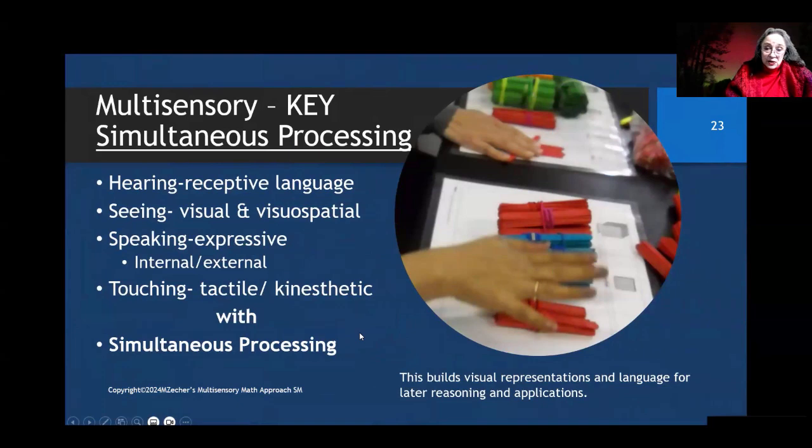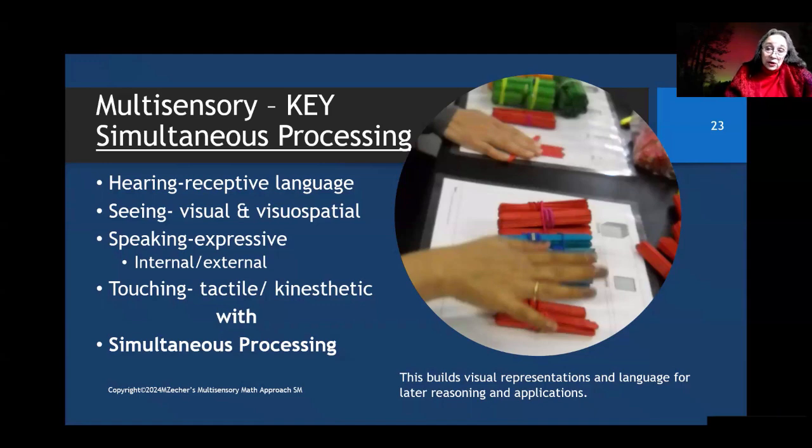Key to using manipulatives is a process called simultaneous processing. Here you see people who have built quantities on a place value mat. They touch the manipulatives as they read the quantity with their hands. Then they may hear and see when they speak out loud or when they think the words. They're also using receptive language.